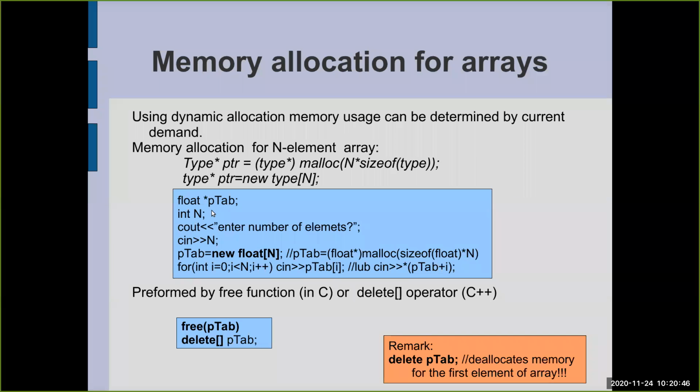So it can represent both a single variable as well as an array of floats. Now I ask the user how many elements he or she wants to insert, and when the number of elements is specified, I can allocate memory for as many elements as I need.